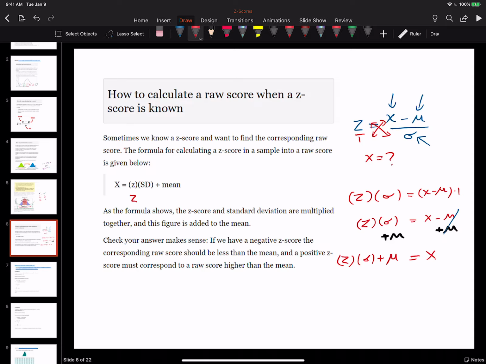Z times sigma plus mu, or the mean. So if you want it as a formula, that's the formula. If you want to do it in steps, you just multiply, cross multiply, and finish it.